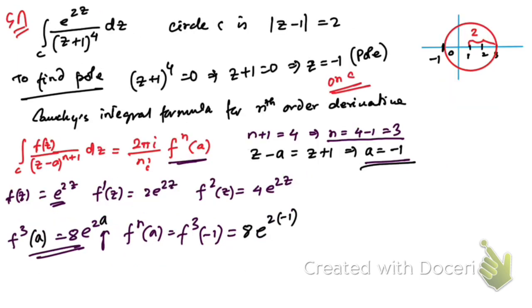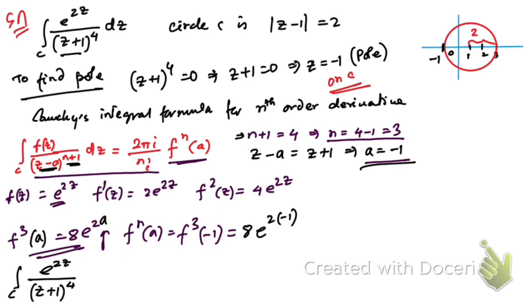Now here you see, let us apply this one. So f of z is nothing but e to the power 2z. Let's put those here. Then what we're going to get is e to the power 2z, and instead of z minus a we have z plus 1 whole to the power 4, instead of n plus 1, right?